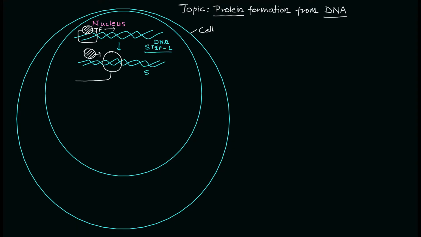Let me write it down. Step one is basically the activation, where you have transcription factor binding. So this is also known as the regulatory part of the formation of the protein from the DNA molecule. So this is the regulatory part.